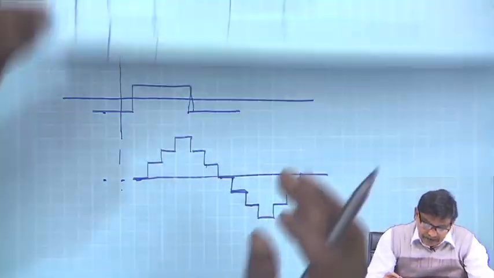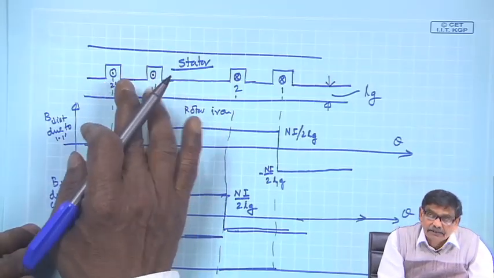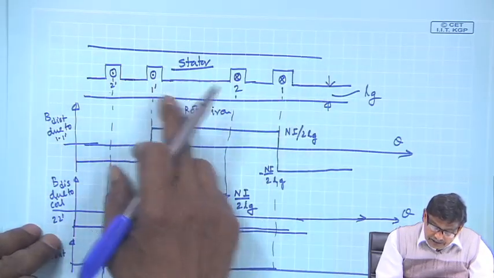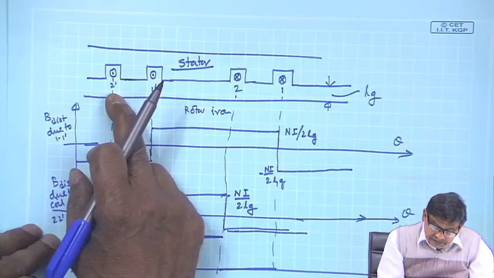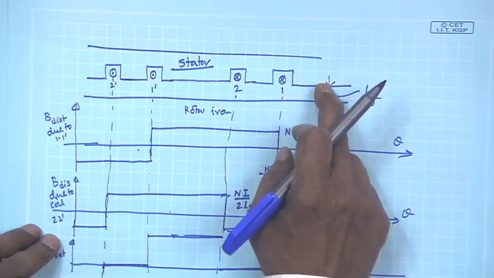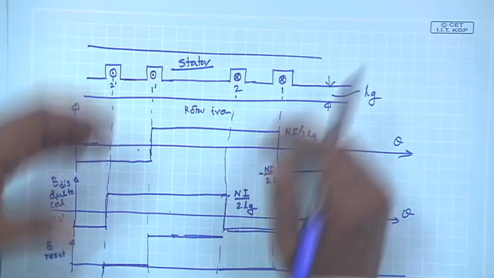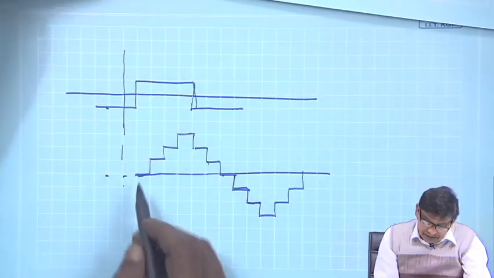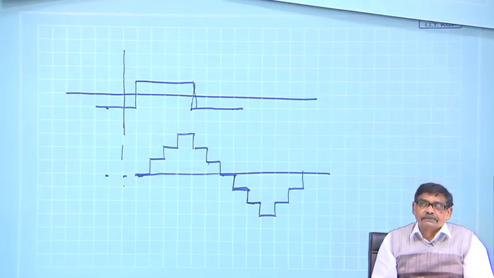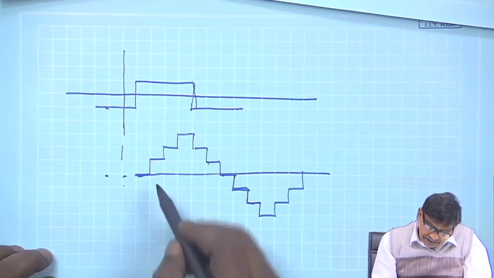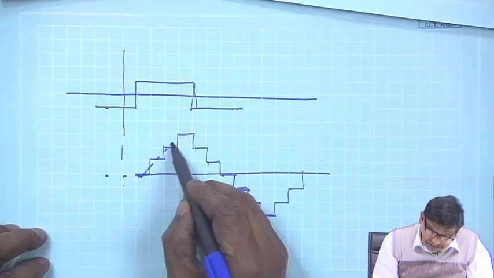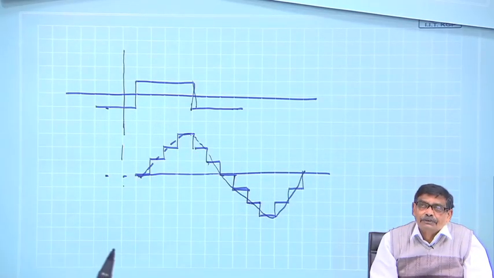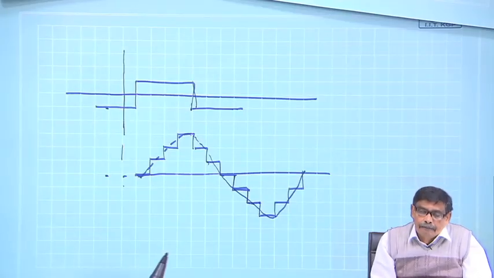Instead of 2 coils, if you use 3 coils separated by the same distance, 1 dash, 2 dash, use another coil 3 dash, and add them up, you will get a waveform which may resemble this. And this one is visually much closer to a sine wave, what I am trying to tell ultimately.